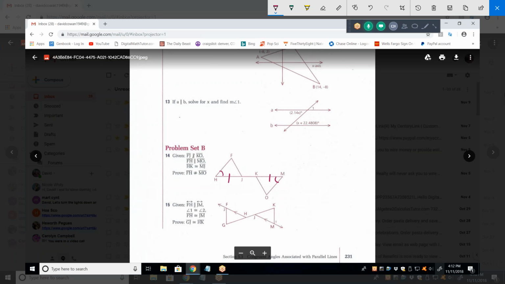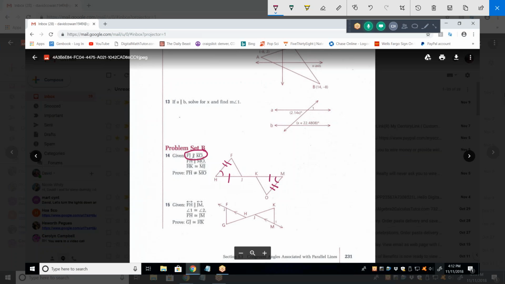If FH was congruent to MO, these two triangles would be congruent, correct? If those two triangles were congruent, those two would be parallel. So since it tells us that FJ is not parallel to KO, then there's no way these two triangles can be congruent.